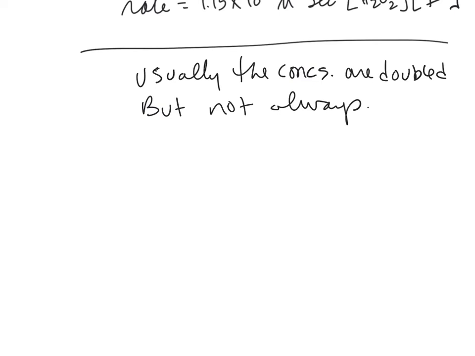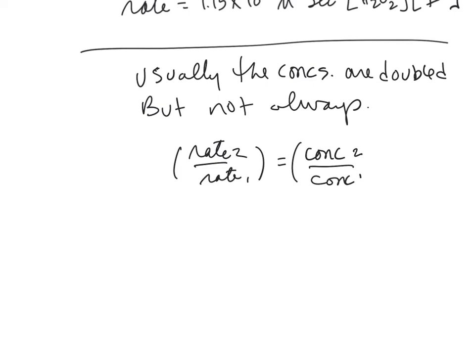And let's just look at some different possibilities for this. If you have the relationship that the rate of 2 divided by the rate of 1 is equal to the concentration of 2 divided by the concentration of 1 raised to the power m. I guess I've been writing it the other way, but it doesn't matter.